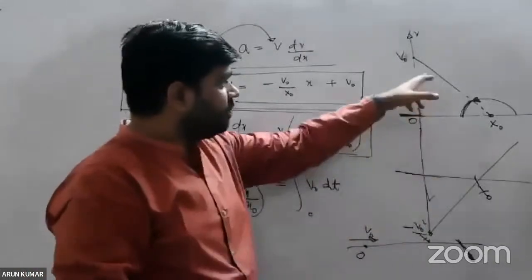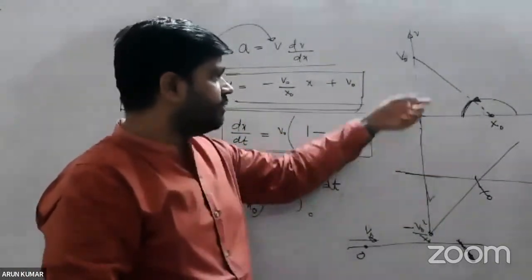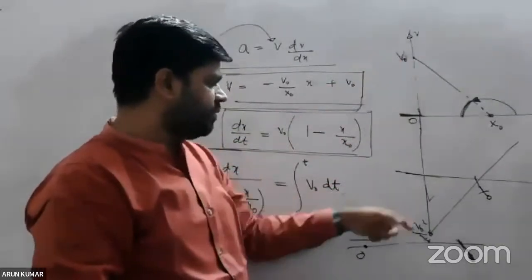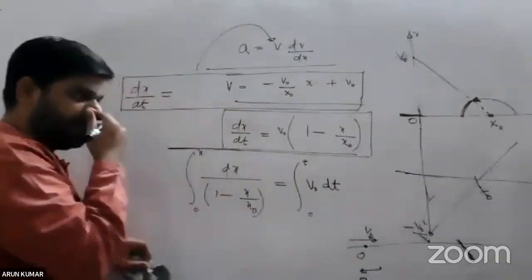But acceleration is negative. Velocity is positive here at a position x, but acceleration is negative. Look at this graph. v is positive, but acceleration is negative. So acceleration is towards left, velocity is towards right. So particle is retarding.